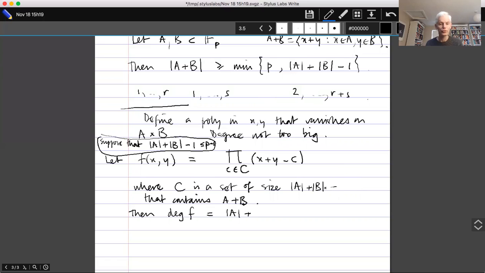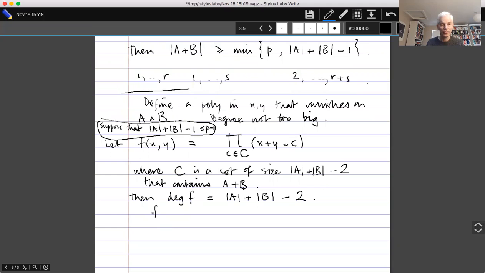So if the result is false, that means that we can find a set C of size less than or equal to |A|+|B|-1, so it's |A|+|B|-2. So I want to write |A|+|B|-2 there, I beg your pardon, but we still may as well suppose that, because that's all right. So the degree of f is then |A|+|B|-2.